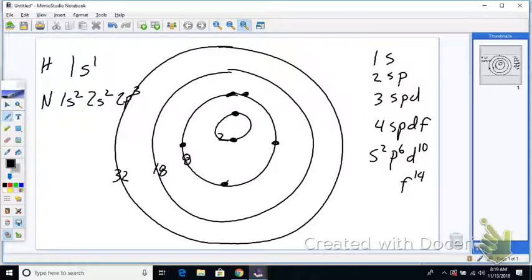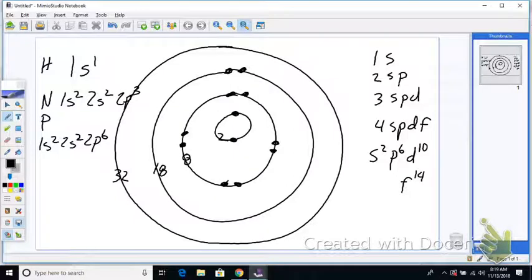So then we did a P, right? Phosphorus. Now phosphorus is right under nitrogen. And so we did phosphorus, we said it was 1s2, 2s2, 2p6. So that would be like this. And then, within that next level, we've got to have 15, so we've got to have 5 more.